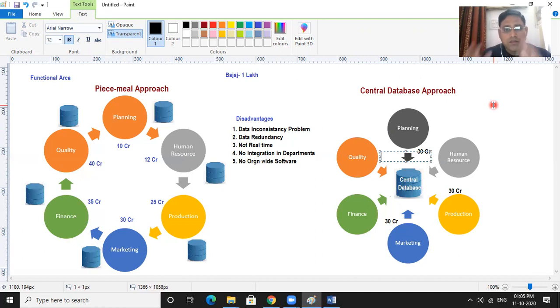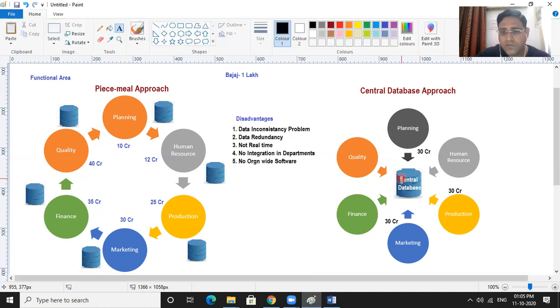Because that website is serving as the central medium, everything is disseminated or shared from the website. You all can take that data from the website, a common link. Here the common link is the central database.